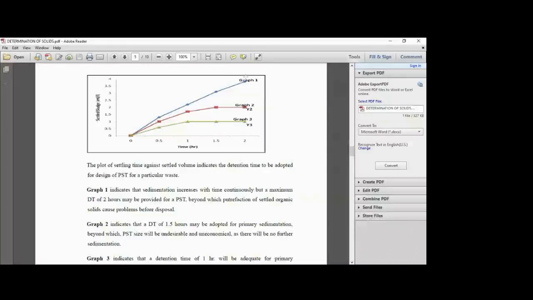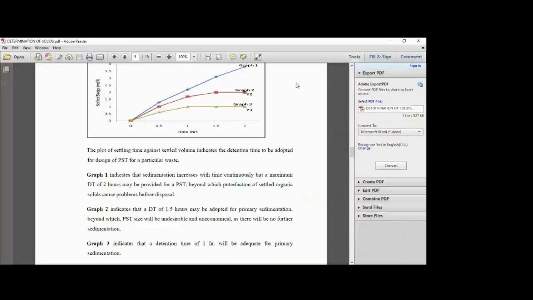And in this graph 1, it is very evident that the PST is very useful. PST will be required because the settleable solids concentration is continuously increasing.